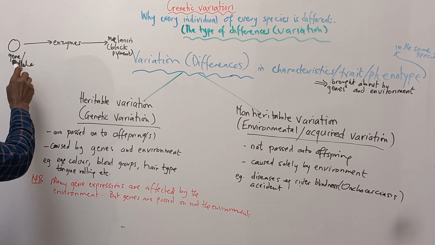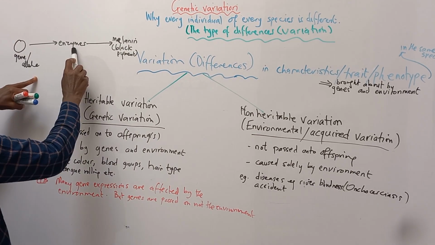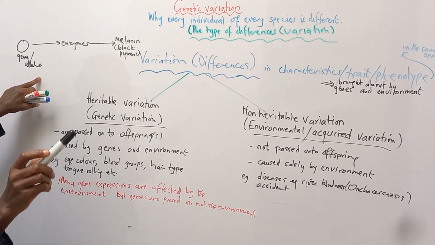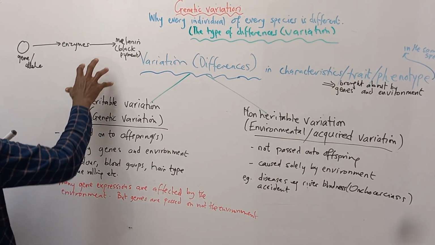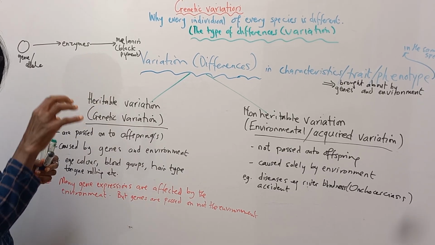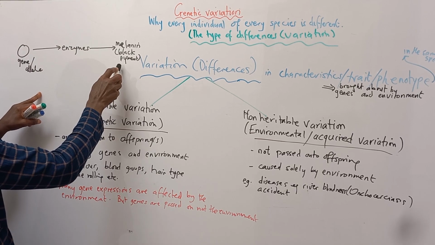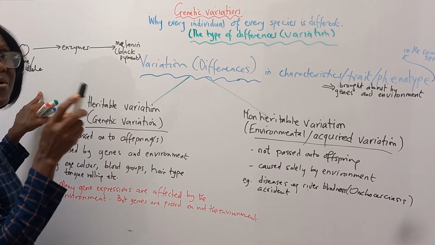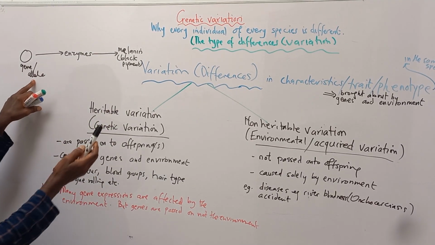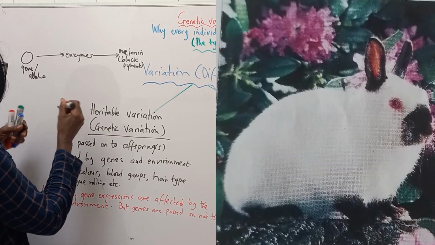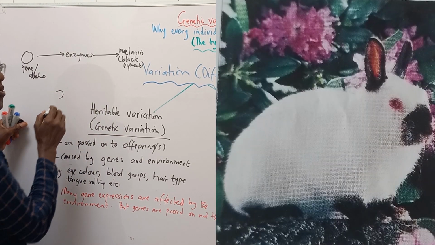But this gene or allele functions based on heat or temperature. So when the temperature is high, melanin will not be produced, and so that part of the body will be white. So you see that the rabbit's extremities are black. Those are the parts that are exposed to coldness.